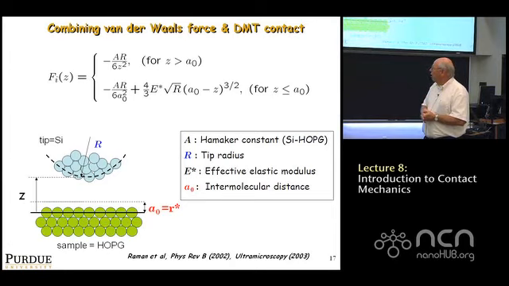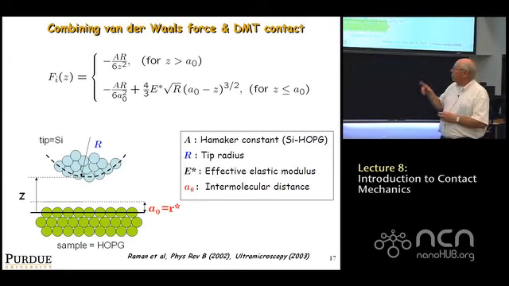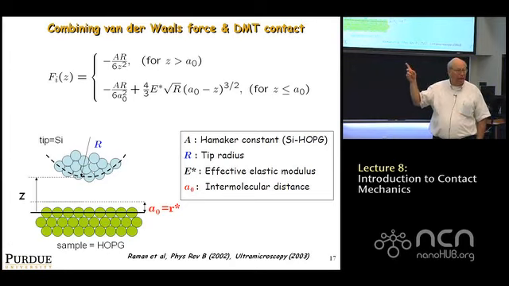And it turns out Professor Rahman did a number of experiments in the 2002-2003 time frame where he looked at this silicon HOPG system. He was able to model the tip surface interaction forces in terms of this DMT model, which is listed in the top part of the slide.